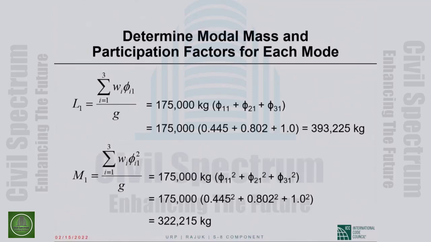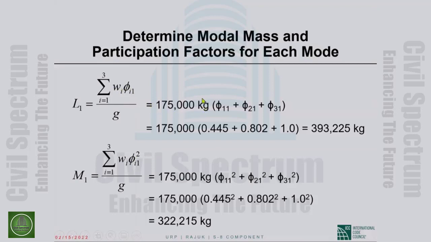Okay, the L is summation of the weight at a level multiplied by the mode shape amplitude at that level, and that quantity is summed over all the levels. The difference between L and M is here. The mode shape ordinate is squared. The W sub I in our case is fixed.